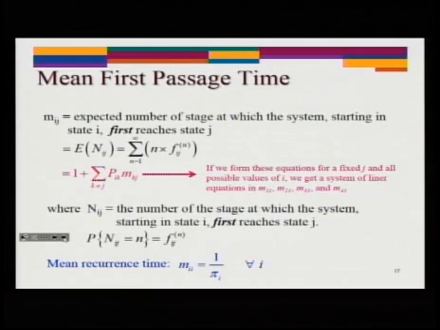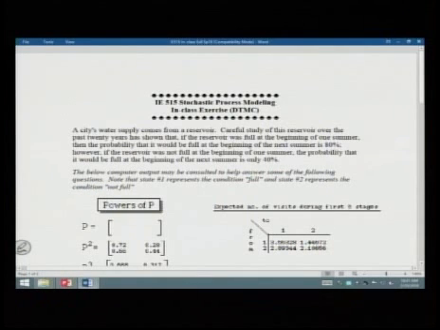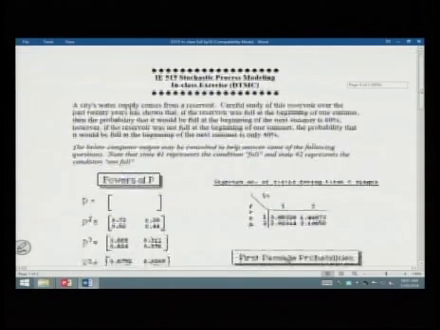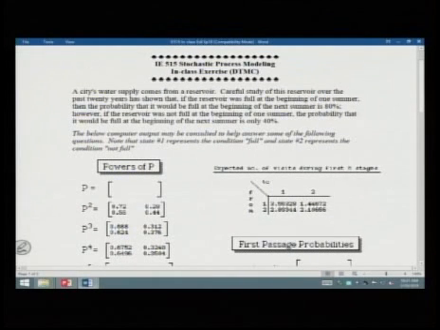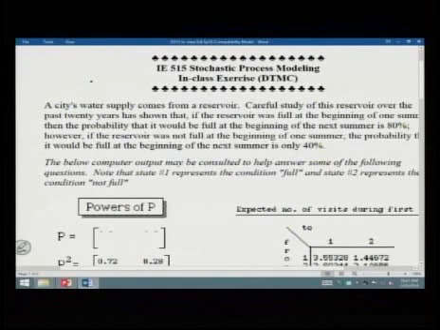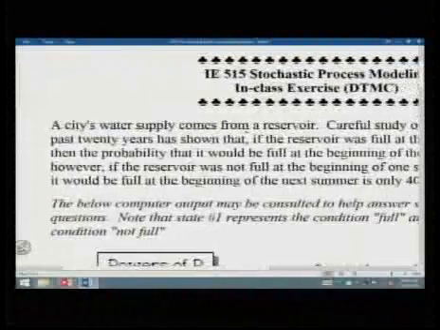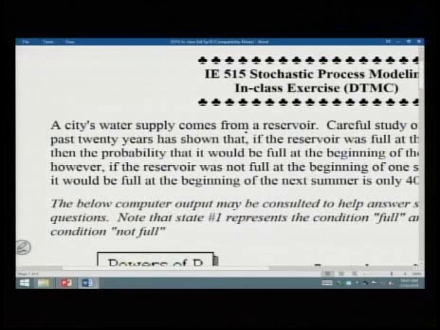Okay, now let me give you an example in-class exercise problem that we are going to solve together.